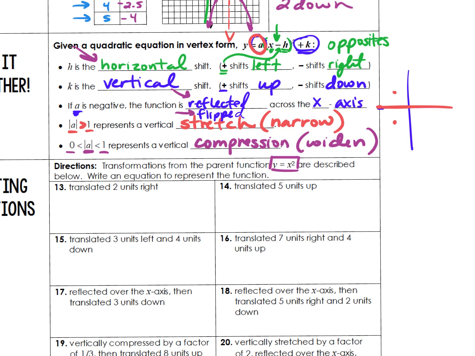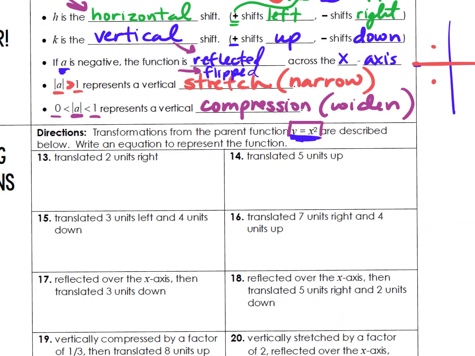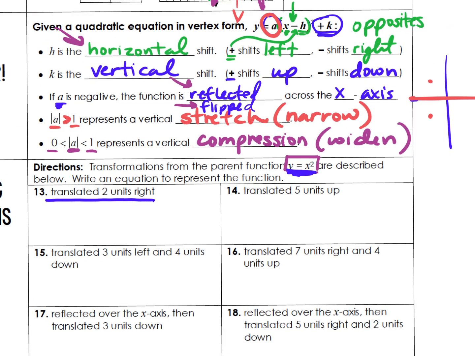Okay, so here's the setup. You have this parent function. If this is what they're telling us to do, 2 units to the right, what does that do to your parent function? So come up here.